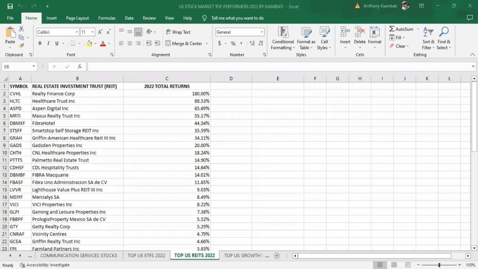And that's not the only tailwind that we have. The second tailwind is that during 2020, there was a major crackdown on major tech companies in China.